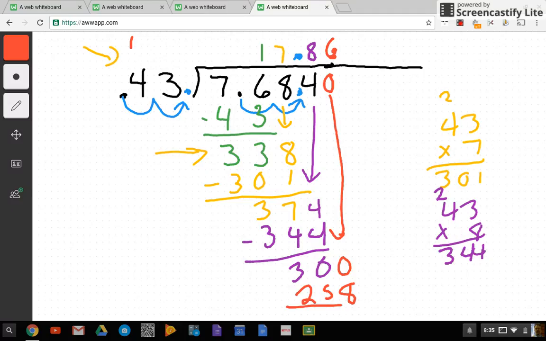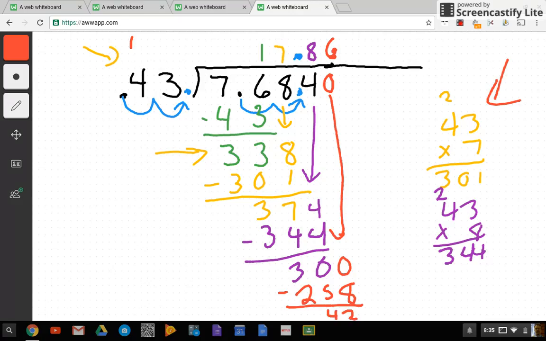By the way, that is another way you can multiply. Instead of having to multiply out by the side, you can multiply it like that. So 258 subtracted from 300 is going to be 42.